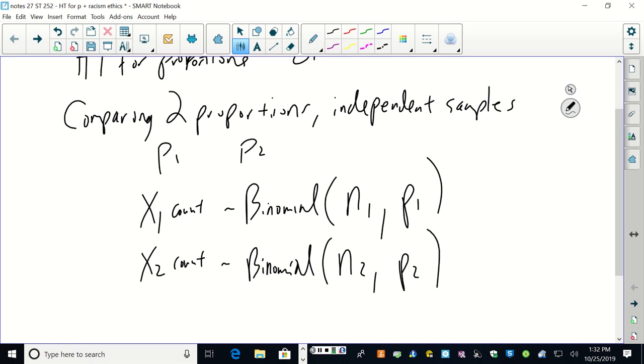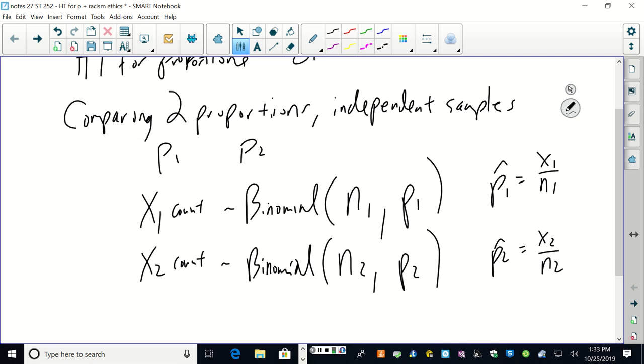And based on the separate samples, P1 hat is going to be x1 over n1, the sample proportion there, and P2 hat that we're going to use is x2 over n2, the sample proportion there. And so for the difference, we're going to take the difference of these two things to estimate the difference of P1 and P2.